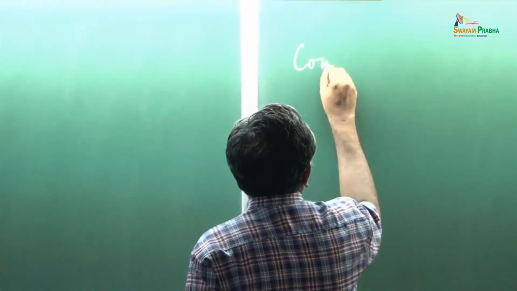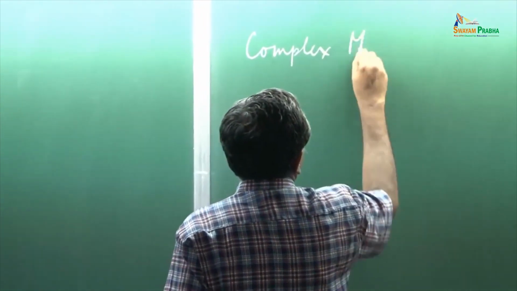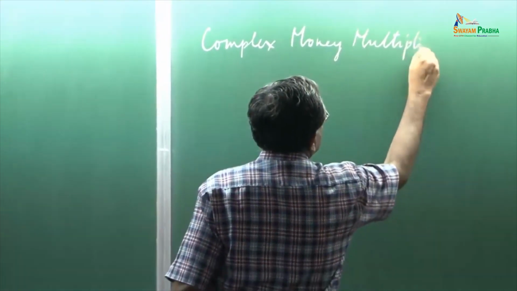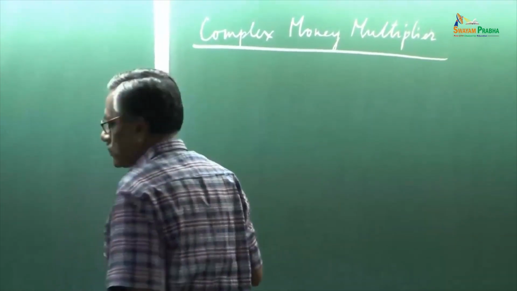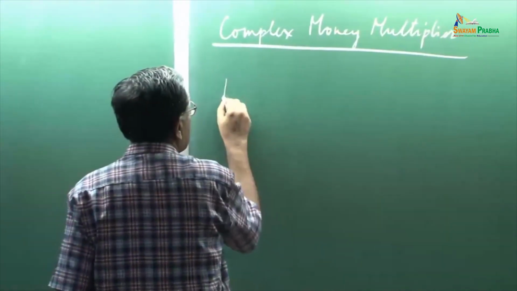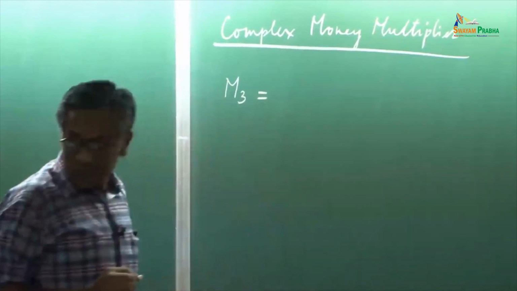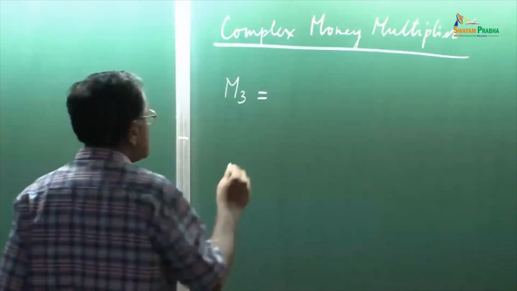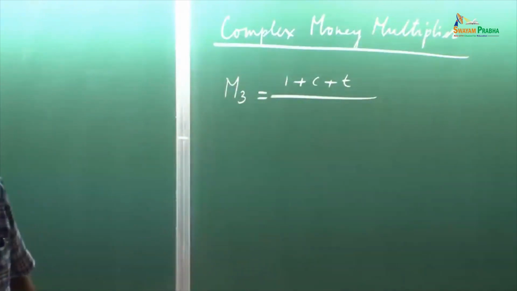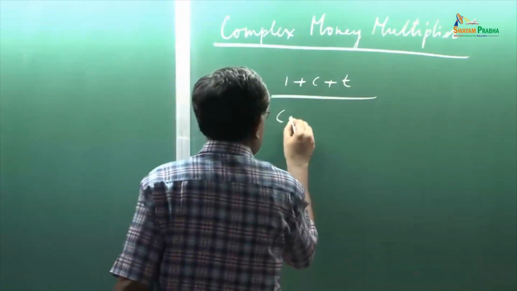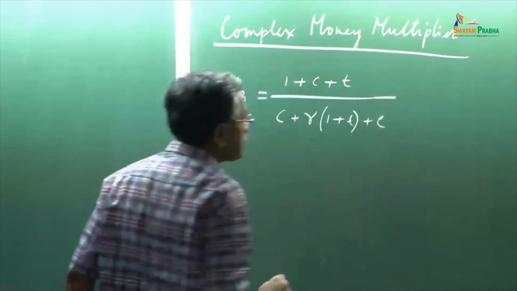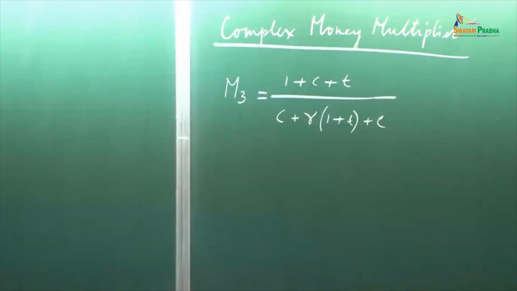What we found is the complex money multiplier, one plus C plus T. Okay.